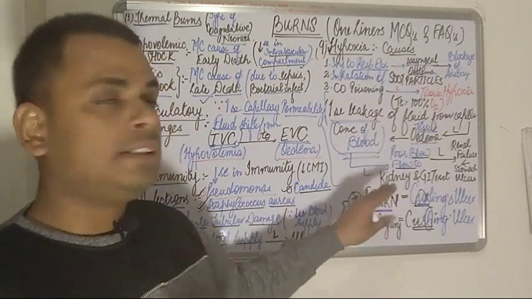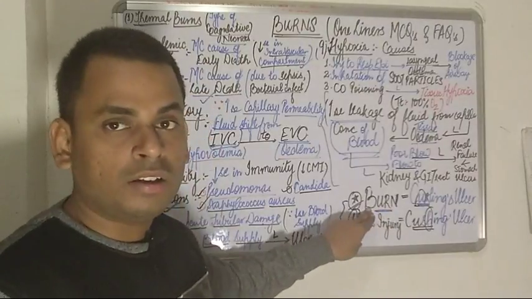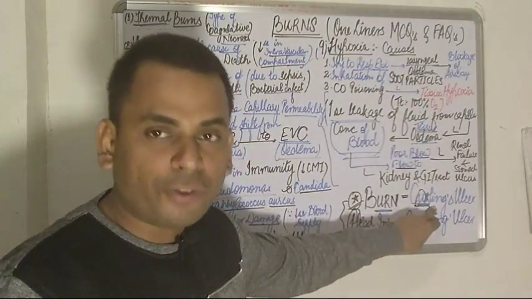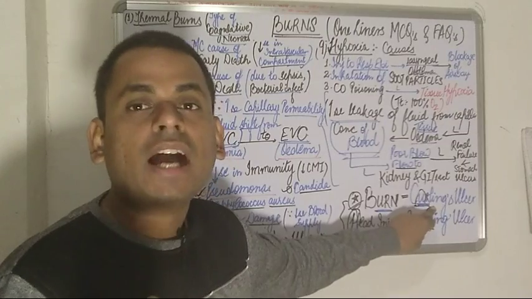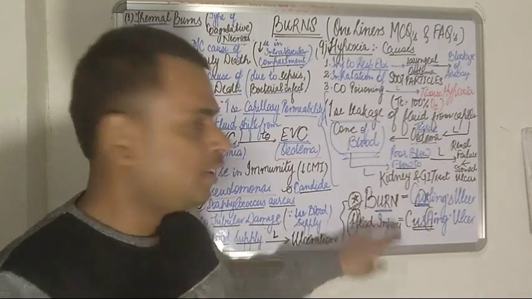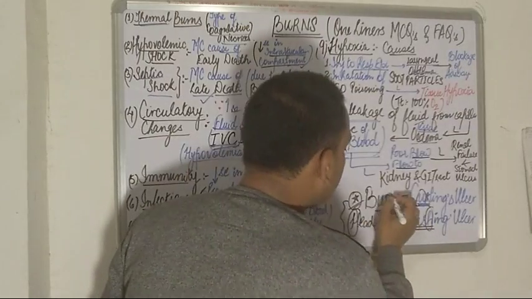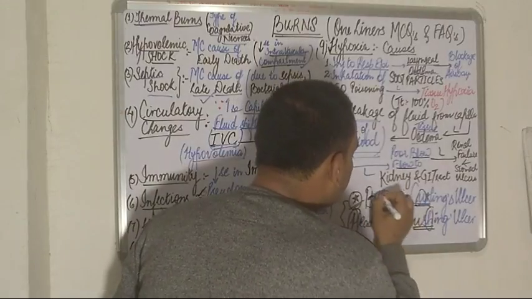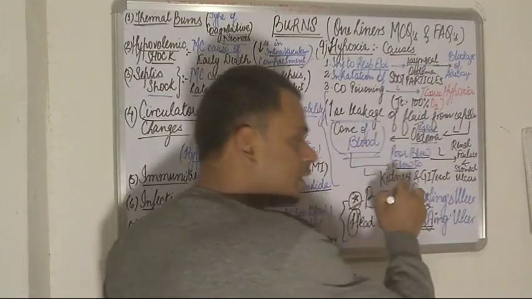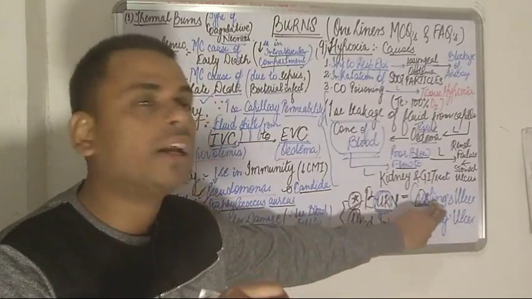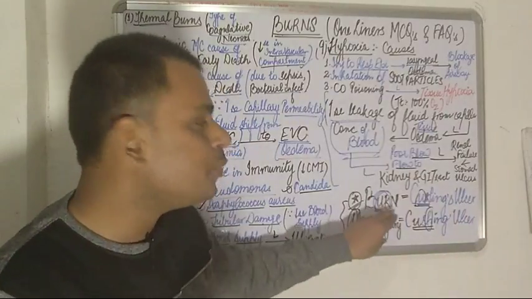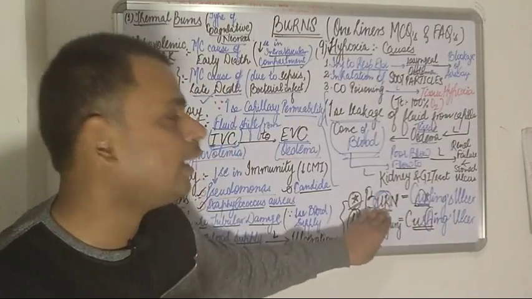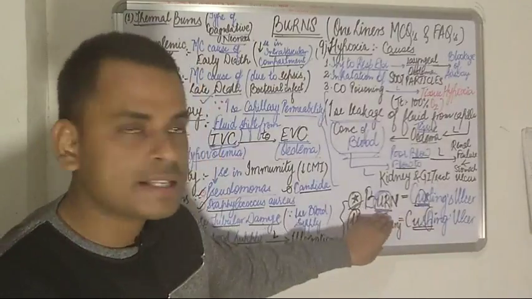So students, just look at the word. In cases of burn, the ulcers formed in the stomach are Curling's ulcers. So remember the word BURN. The UR of the burn refers to the UR of the Curling. So BURN is burn, and the UR alphabets are found over here.